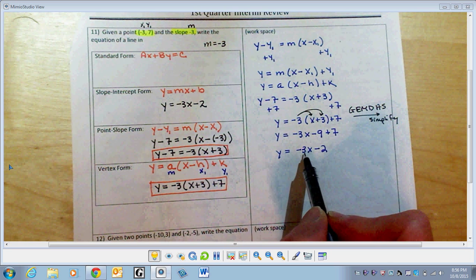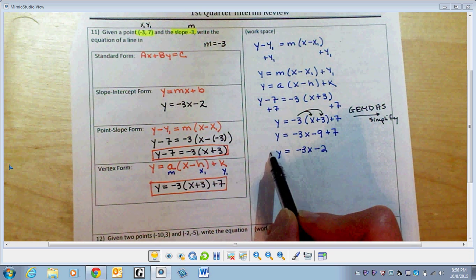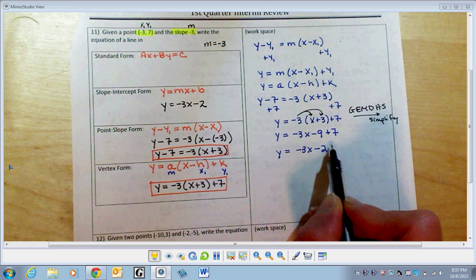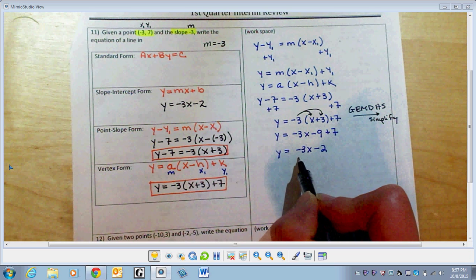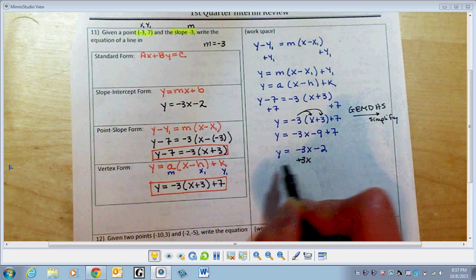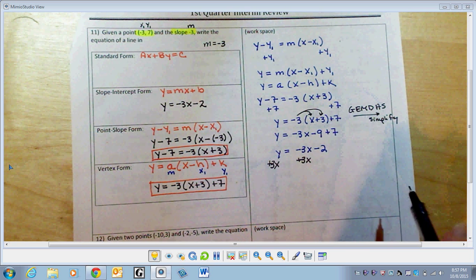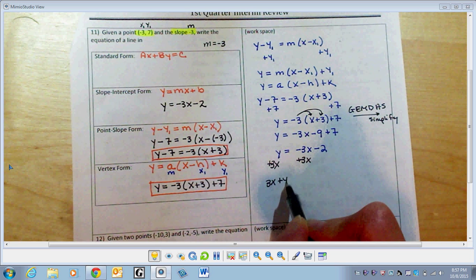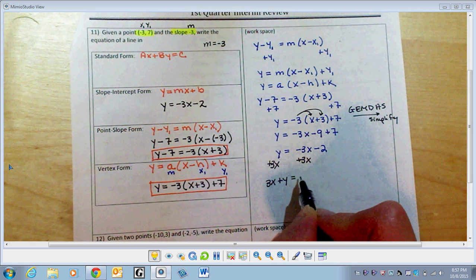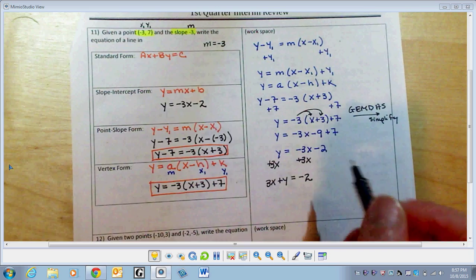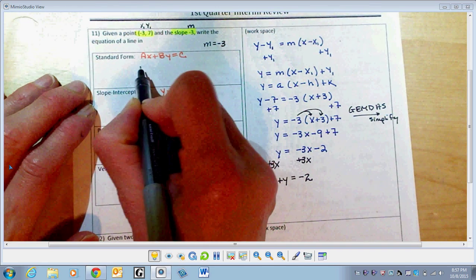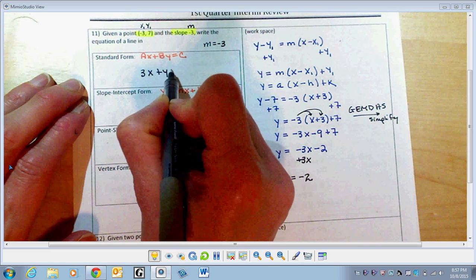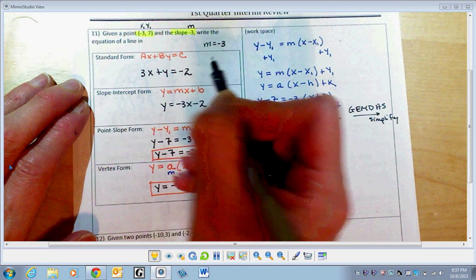In order to move this negative 3x over to the y, because it's only being subtracted from it, I'm going to turn that into a 0. So that means then I have 3x plus y, because this is positive, is equal to negative 2. So that's my standard form. 3x plus y is equal to negative 2.